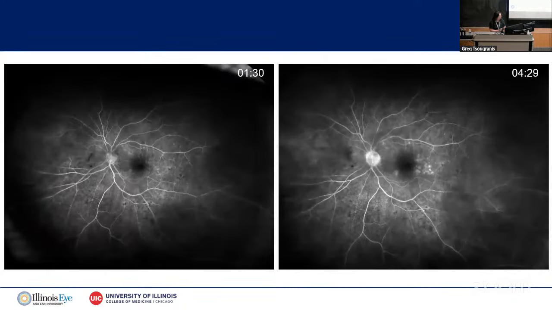The left eye, early phase, there's mottled hypo and hyperautofluorescence, and then these areas of hyperfluorescence become bigger in the macula and more intense, consistent with leakage, and we see the leakage of the disc once again.